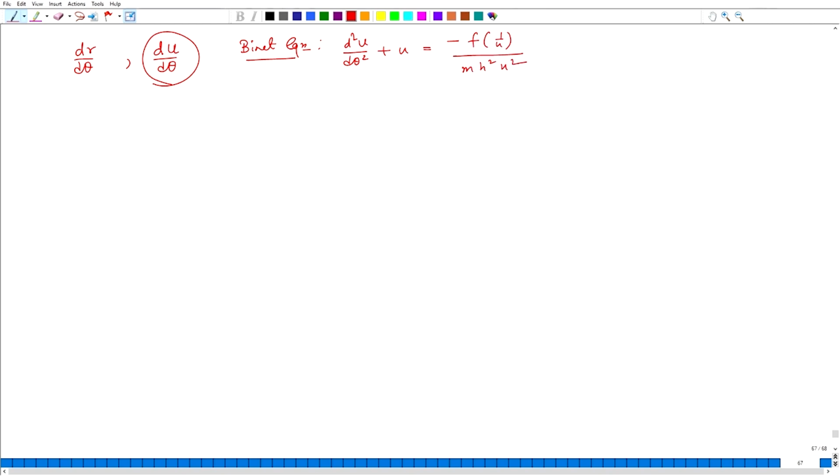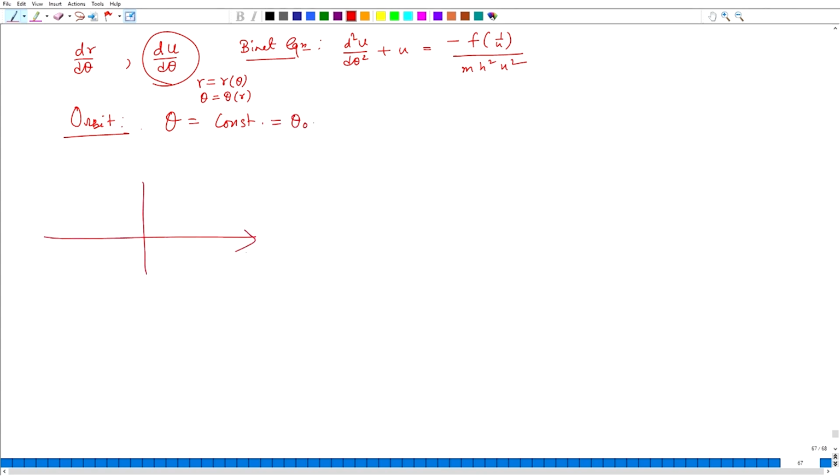Now, I am giving you the orbit of the particle, which is theta is equal to constant. I can give the orbit as r as a function of theta, but I can also give theta as a function of r, and here I can give you theta is equal to a constant, let us say theta 0.